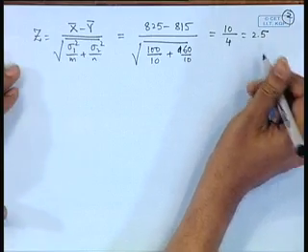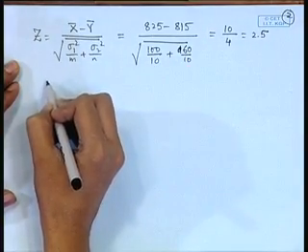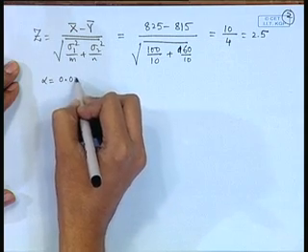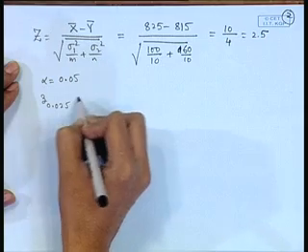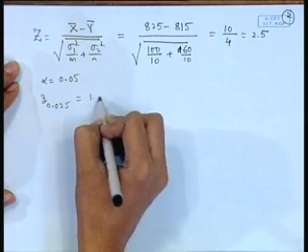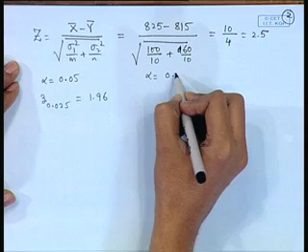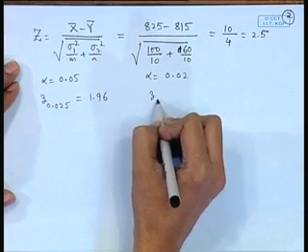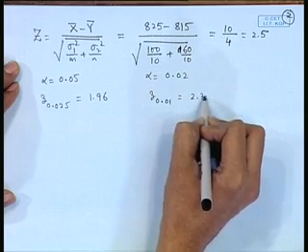If we are carrying out a test at level alpha equal to 0.05, then I need to look at z of 0.025, which is equal to 1.96. Suppose I have alpha equal to 0.02, then I will have to see z of 0.01, which is equal to 2.32.